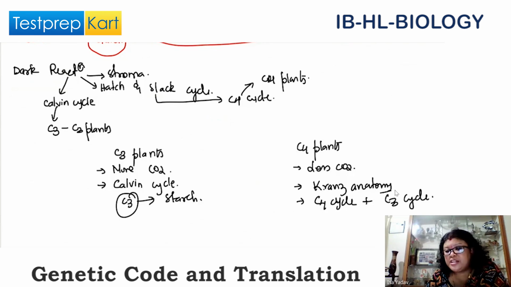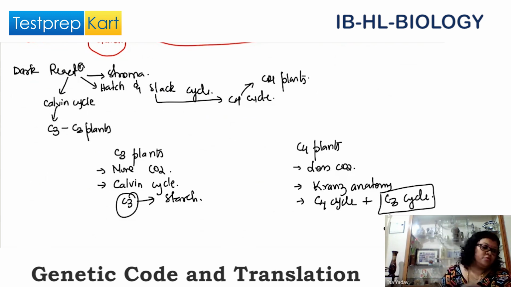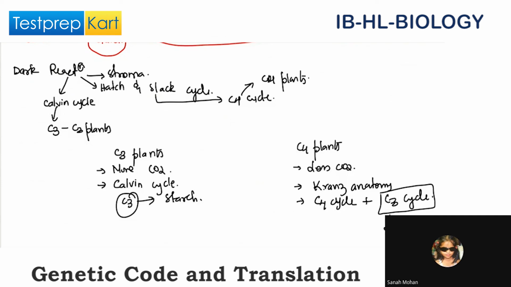So the C3 cycle in C4 plants will help in the production of starch. Any doubt here? Okay. Clear or not?